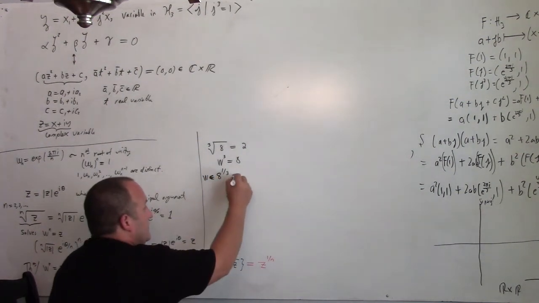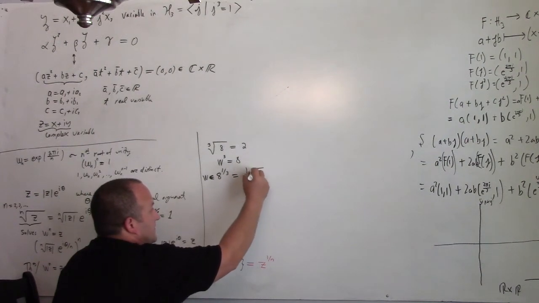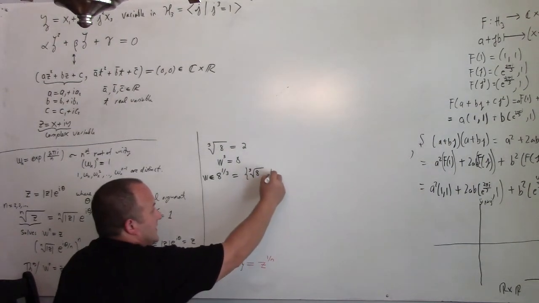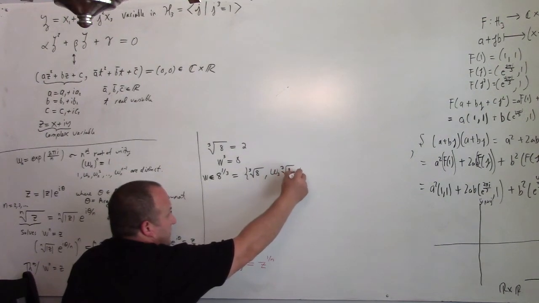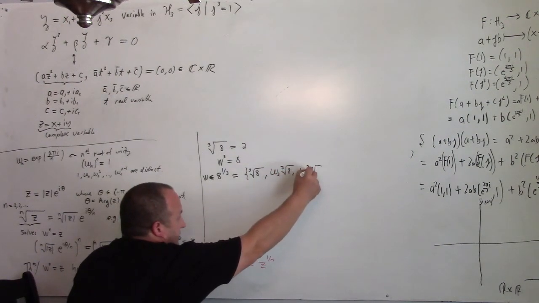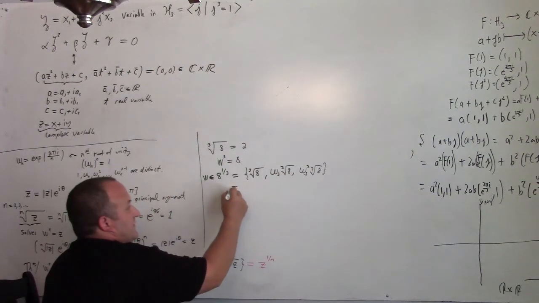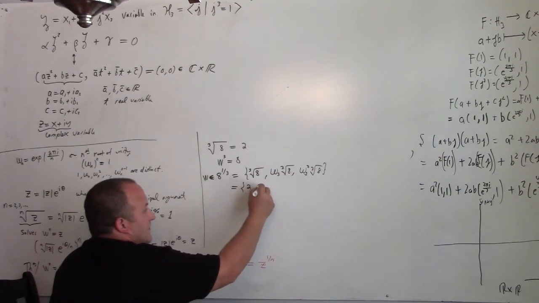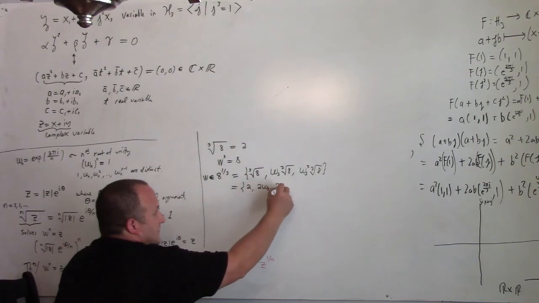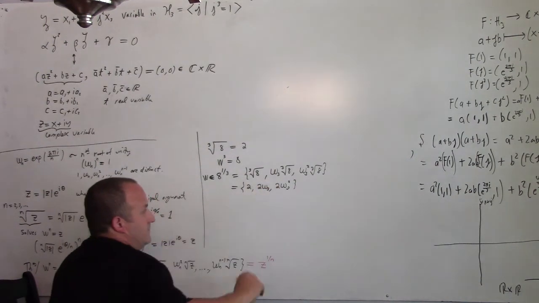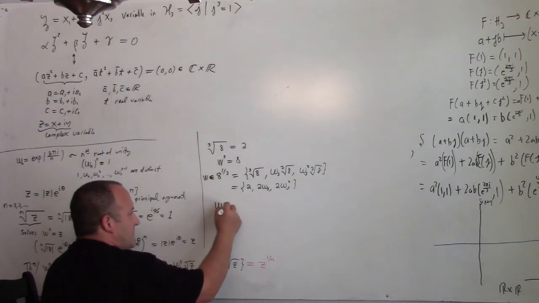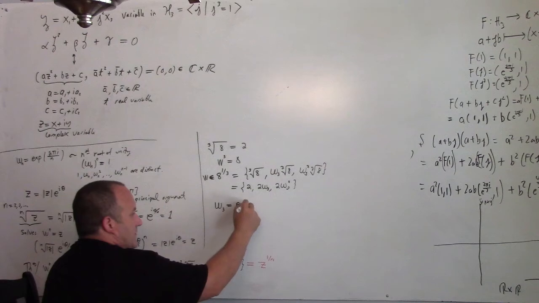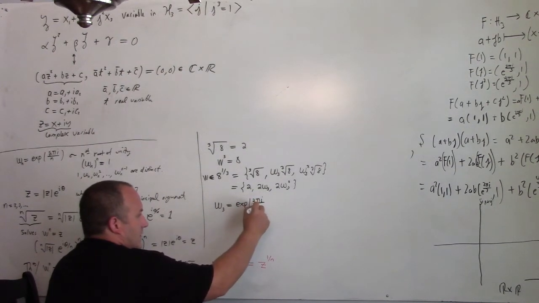I know that's the cube root of 8, comma, omega 3 times the cube root of 8, omega 3 squared times the cube root of 8, which in this context is 2, 2 omega 3, 2 omega 3 squared. Of course this omega 3 is the thing you've been playing with, which is the exponential of 2 pi i over 3.